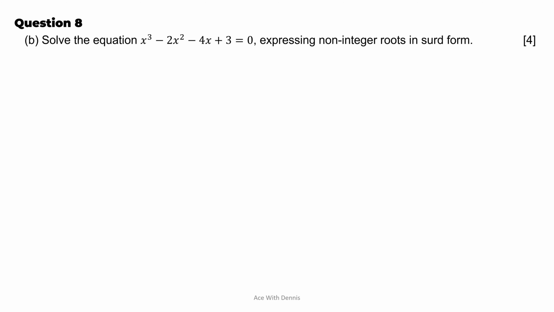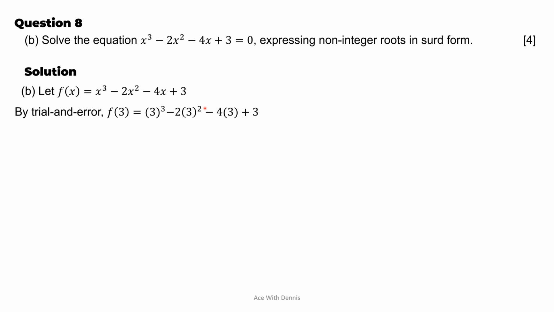Part B, solve the equation x cubed minus 2x squared minus 4x plus 3 equals 0, expressing non-integer roots in surd form. 4 marks. Here's the solution. Firstly, we let f(x) be x cubed minus 2x squared minus 4x plus 3 so that we can substitute easily.